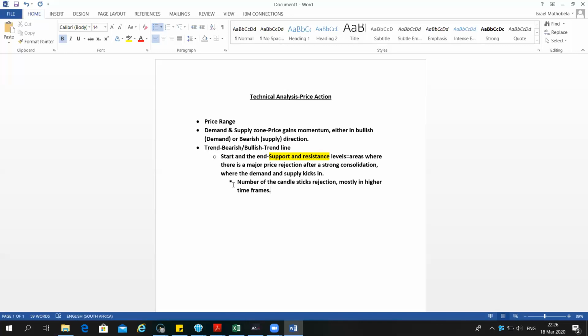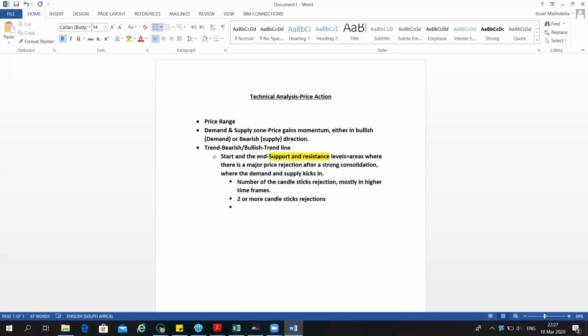On a higher time frame, I can have major rejections, which could determine my trend direction. So you look at the number of candlestick rejections. Mostly on higher time frames, you look for 2 or more candlestick rejections, you see.